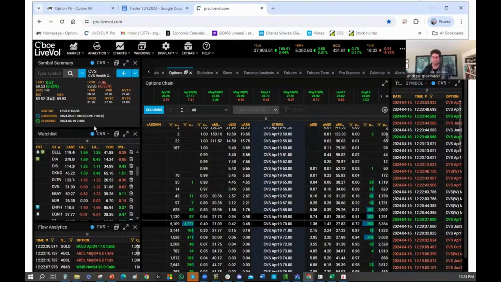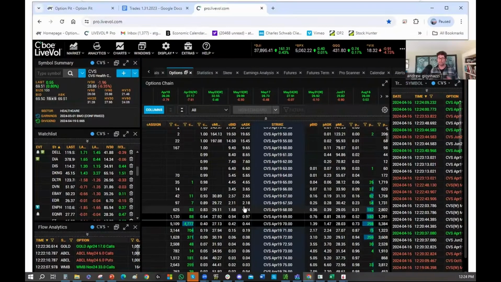So the general rule is any call will be assigned as long as the value of the put that you see is less than the value of the dividend that we expect. So every call from the 68 strike down in CVS, generally they're all going to be exercised unless it's a mistake if the stock is at the current price.